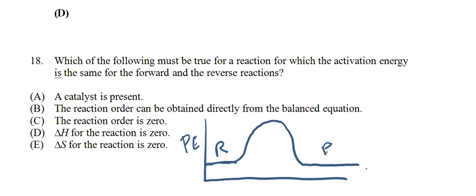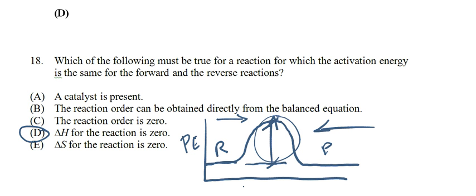So that means that our delta H must be 0. Now, when we talk about delta H, we're talking about the difference between the reactants and the products. This is the activation energy from here to here. So if the activation energy in the forward and reverse direction are the same, then the delta H must be 0. Not too often do you see something like that. Actually, that's quite rare.